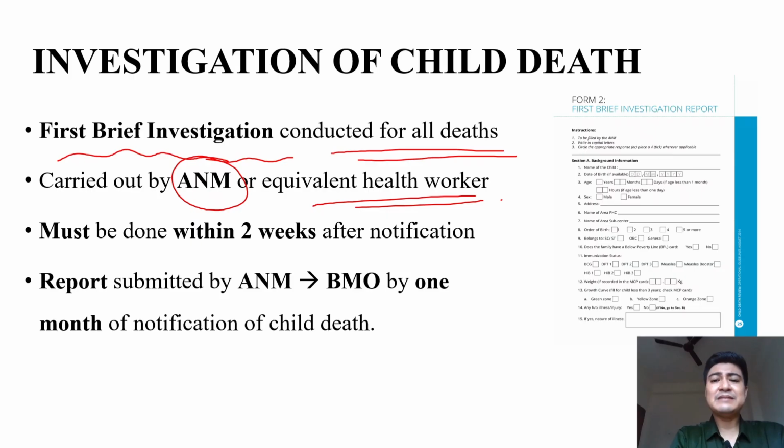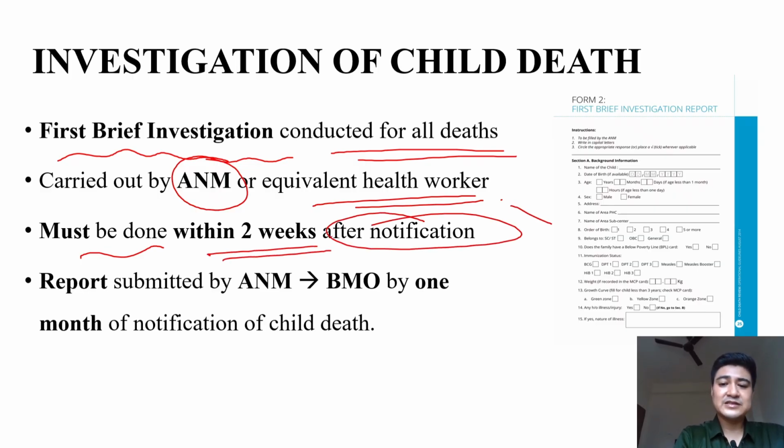I have mentioned in my previous slides that this notification is to be done within 48 hours. And after notification, the investigation of this child death by the ANM or the equivalent health worker is to be done within 2 weeks of notification. It is very much important to remember, as it is a frequently asked question in MCQ.